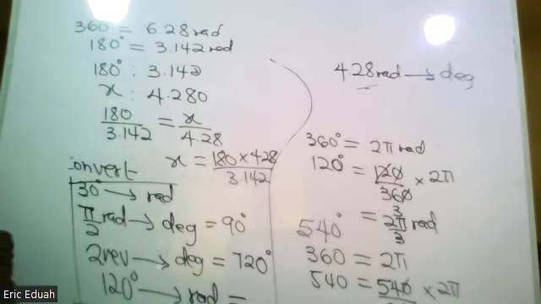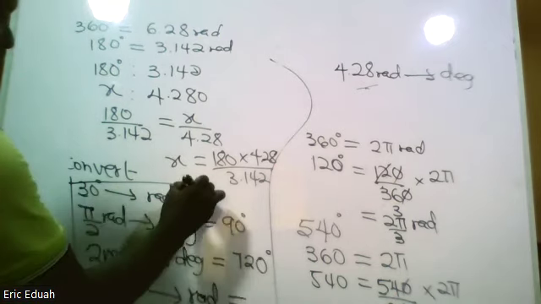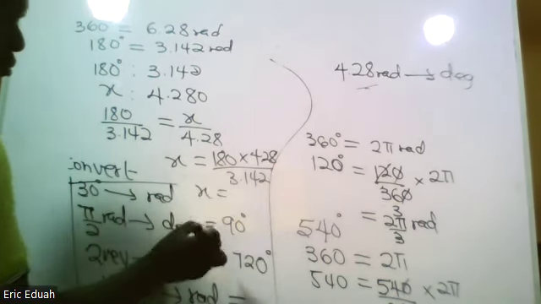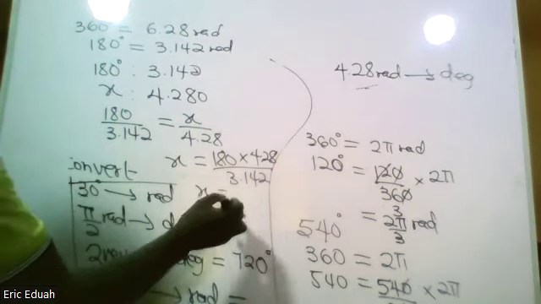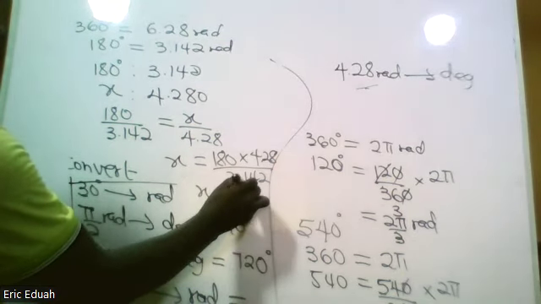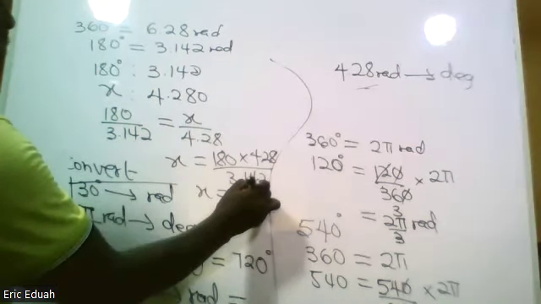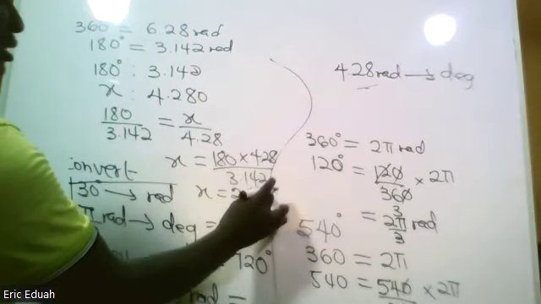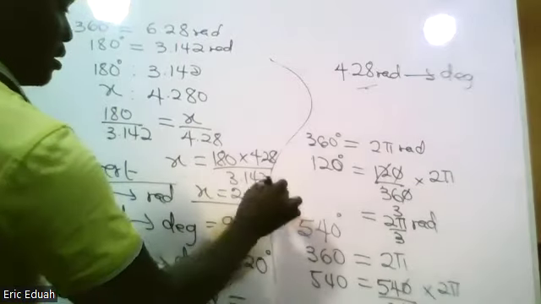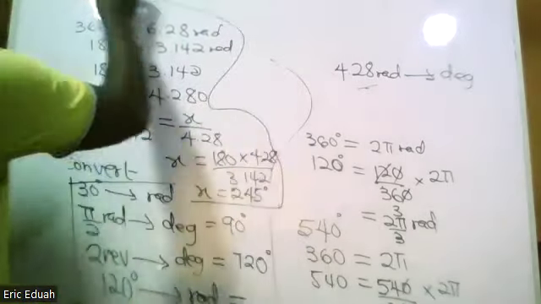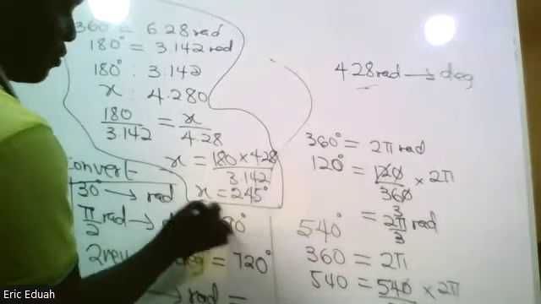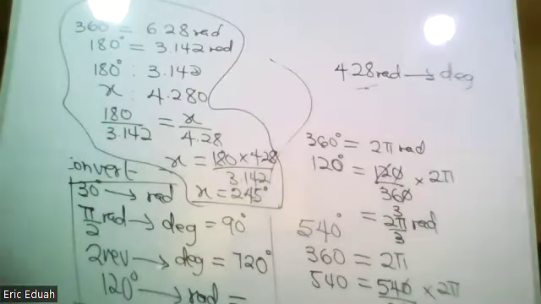So Abba, what did you get for that? Sir, please, I had 245.35 degrees. So approximately 245 degrees. Approximately 245 degrees. Are we okay? Yes, please.